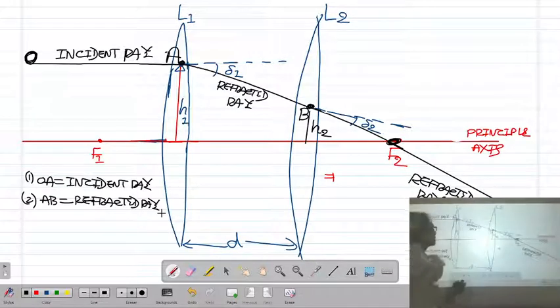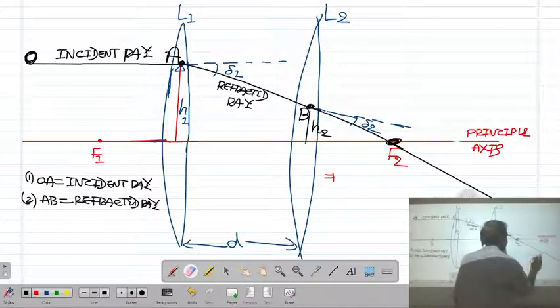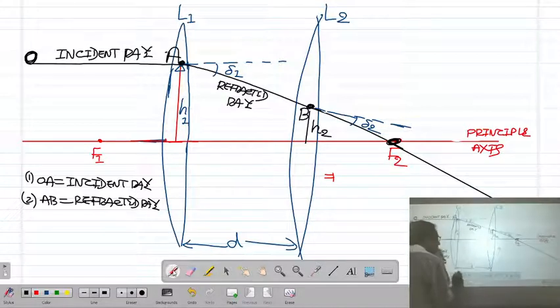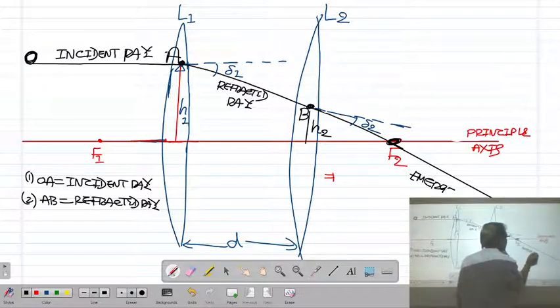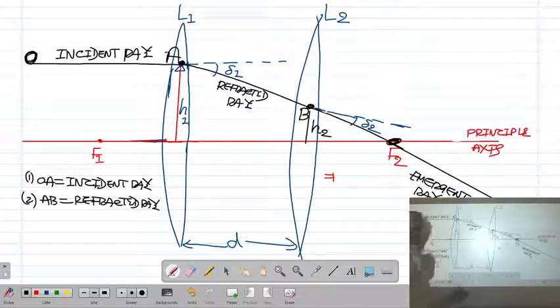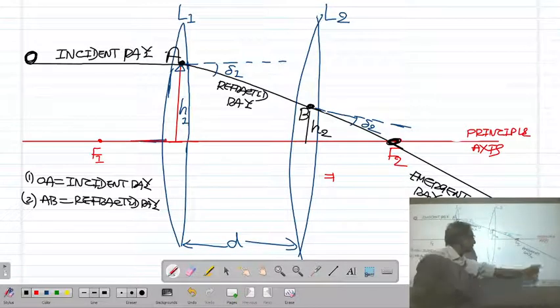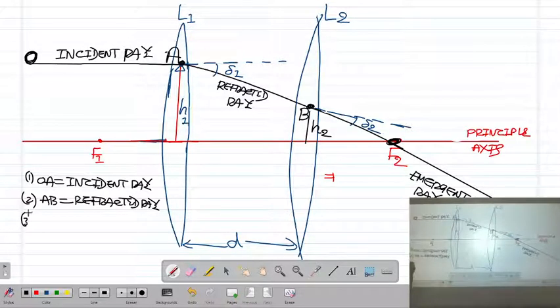BF2 is the emergent ray. So OA is the incident ray, AB is the refracted ray, BF2 is the emergent ray.